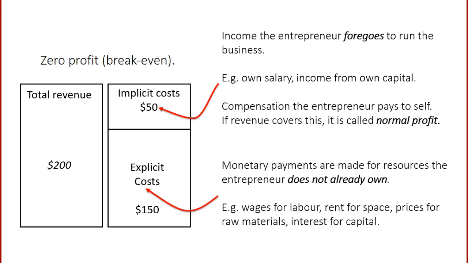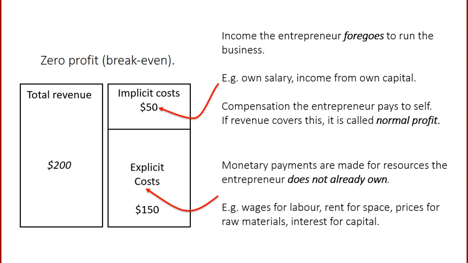Something they've foregone. Now, the entrepreneur would need to be compensated for this lost income that they're experiencing due to running their own business. That is, the business, ideally, should generate sufficient revenue not just to cover the explicit costs, but also to compensate the entrepreneur for the losses that they're making by running their business, by not doing something else instead.